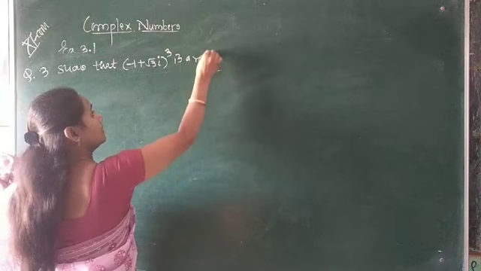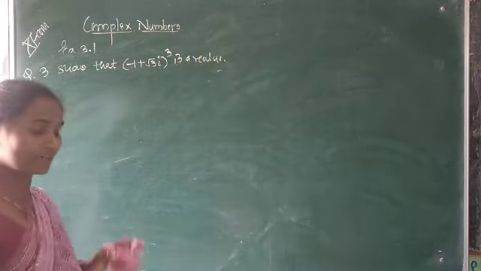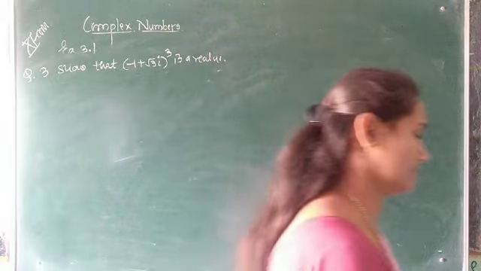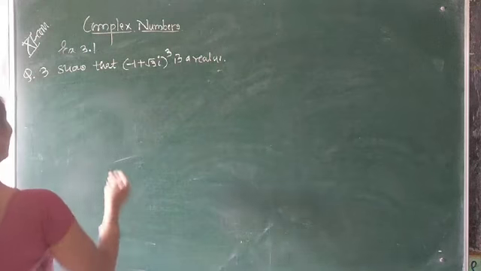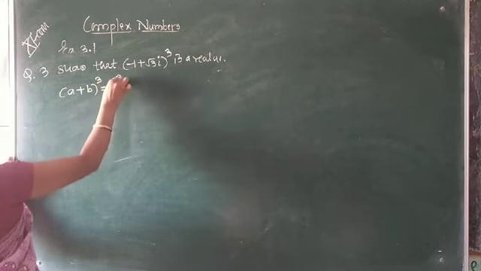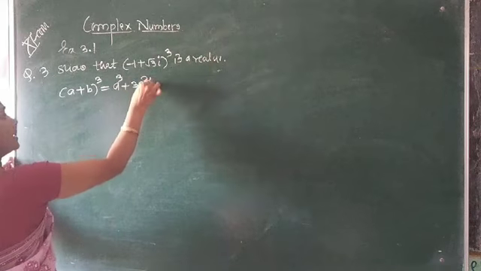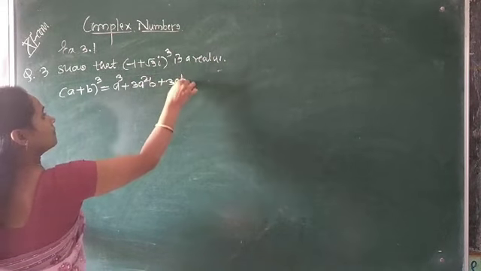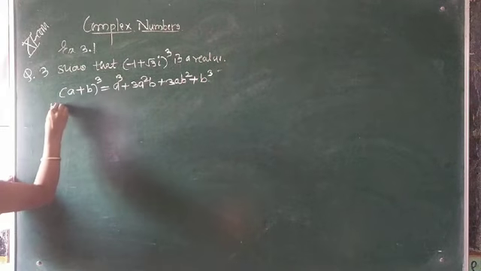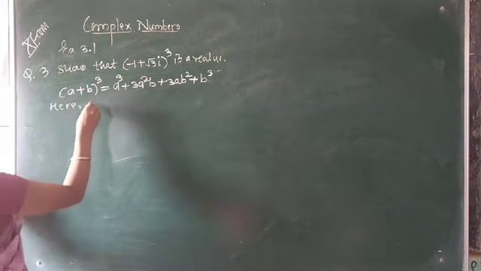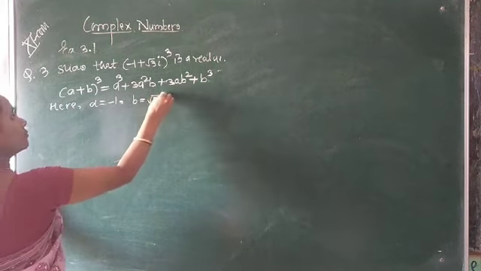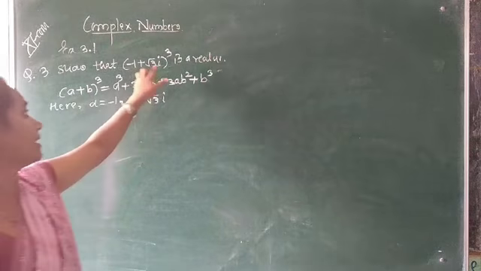If we simplify this bracket cube, then we get a purely real number. We have to prove this. So see, all of you know the formula for a plus b cube. What is the formula? a cube plus 3a square b plus 3ab square plus b cube. So here, comparing this, a is equal to minus 1 and b is equal to root 3i, and we have to find the cube of this.